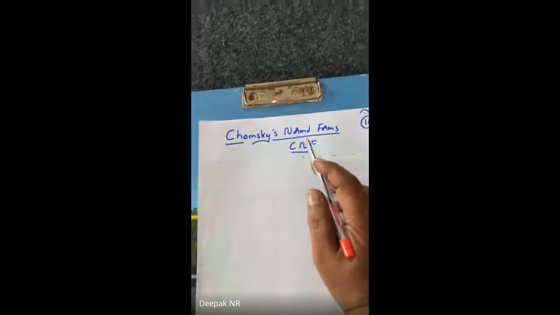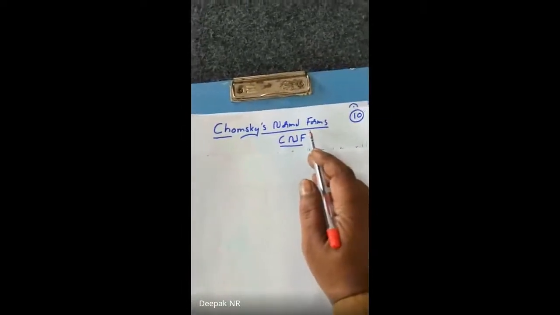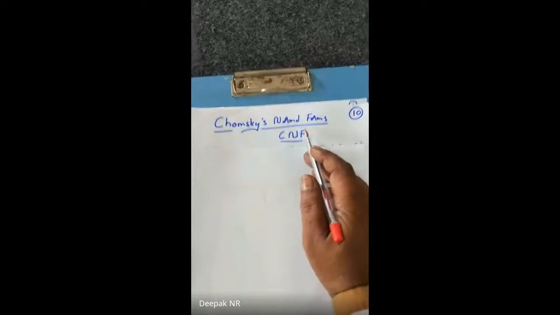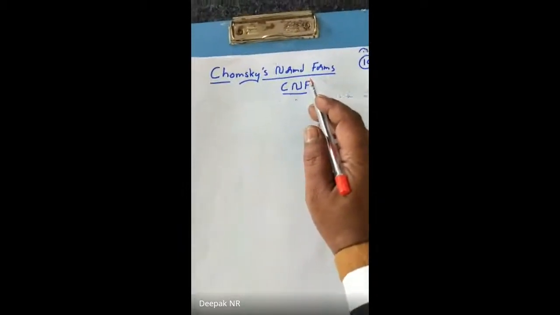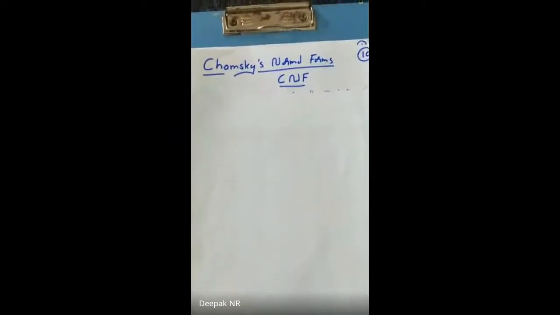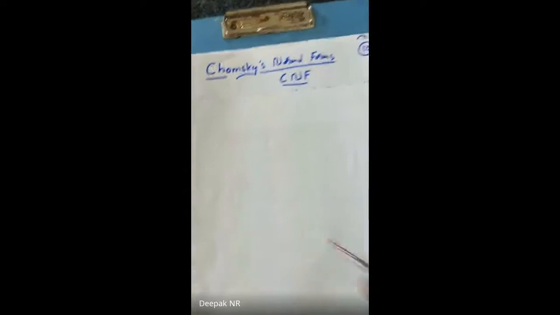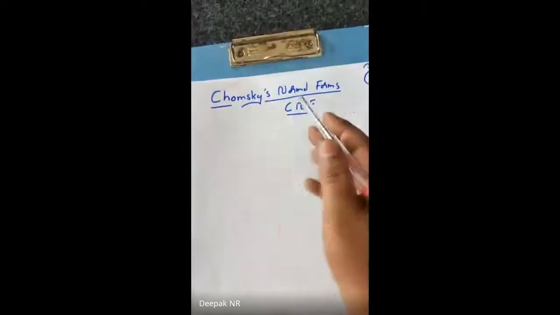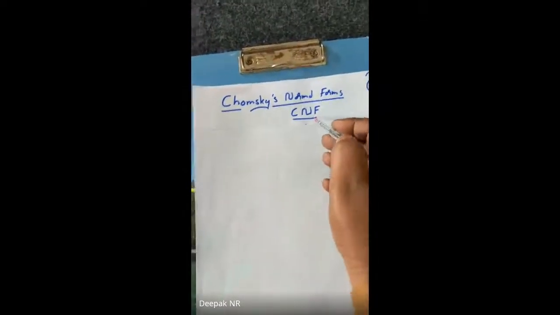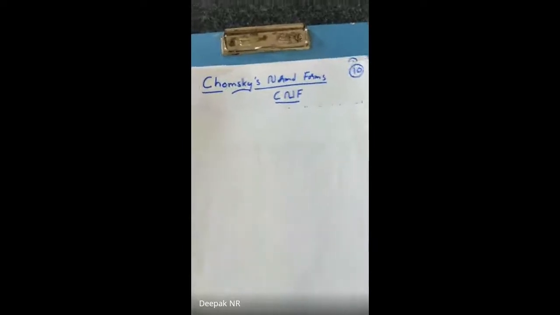As you know, in the subject database management system, DBMS, there is also something called a normal form. What does normal form mean? Particular data has to be arranged in a particular format, and that's called a normal form. Here also, Chomsky defined a normal form for the given CFG. Clear?